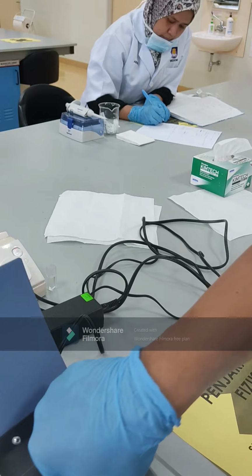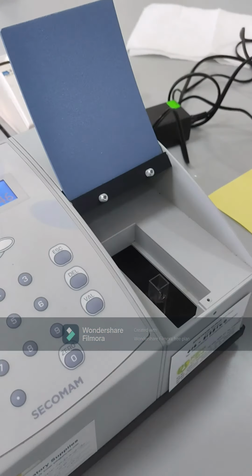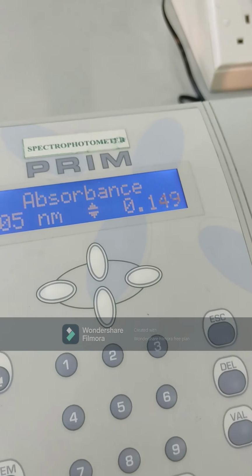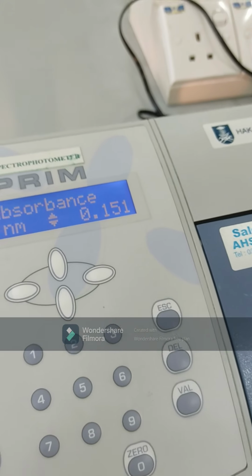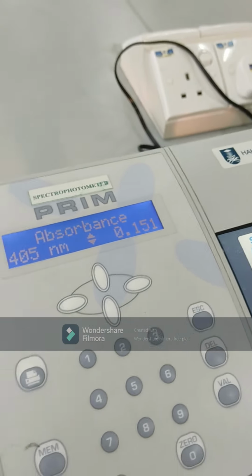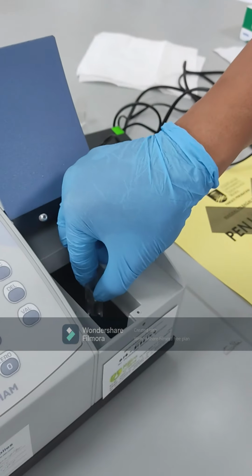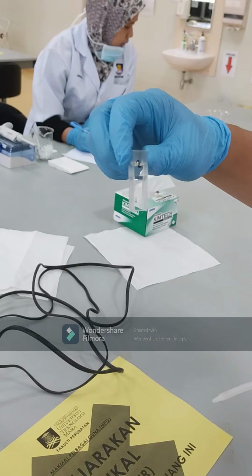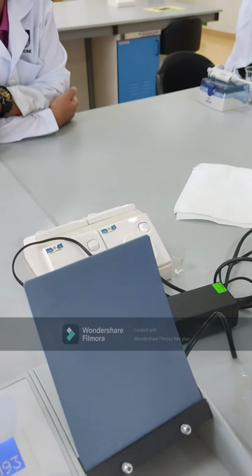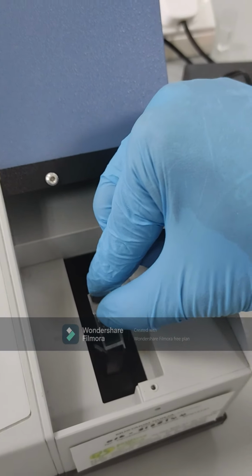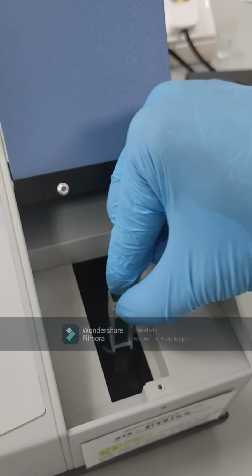Remember to put the cuvette correctly into the spectrophotometer, and bear in mind we only do the blank once. Then we will read the OD for each test tube, and after that we will incubate for 3 minutes and measure again.